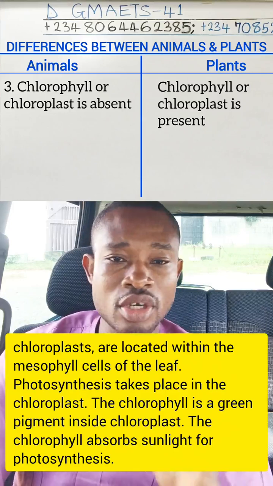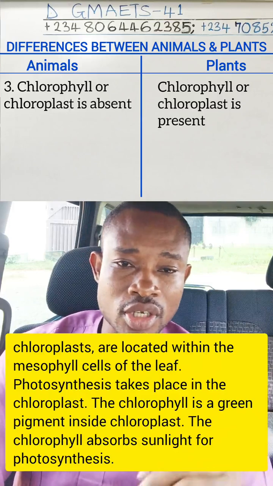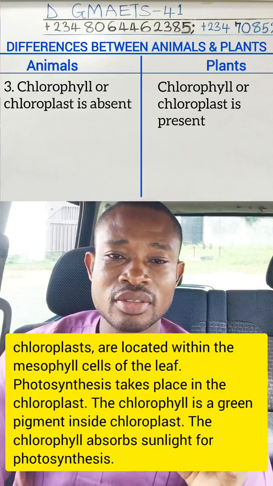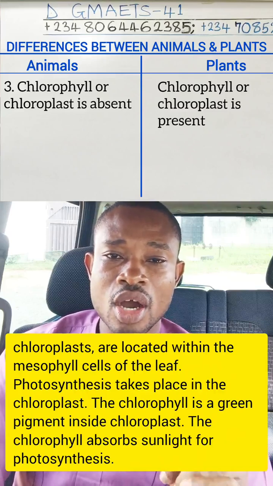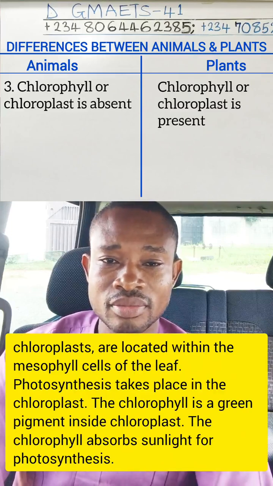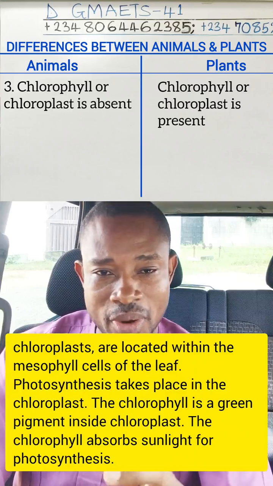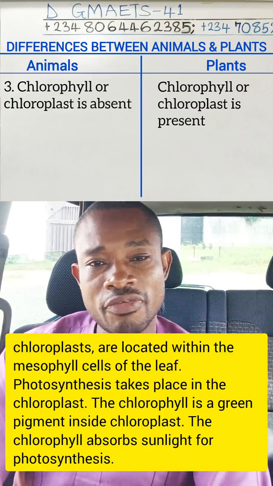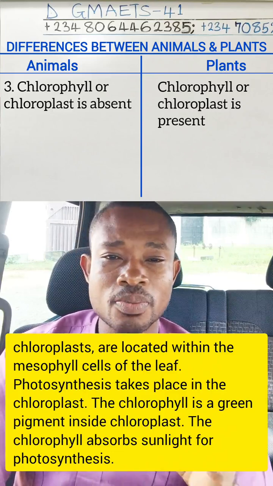It means they do not contain chloroplast. They do not contain chlorophyll. But plants, on the other hand, contain or possess chlorophyll or chloroplast. So you can say in animals, chloroplast or chlorophyll is absent. But in plants, chlorophyll or chloroplast is present.